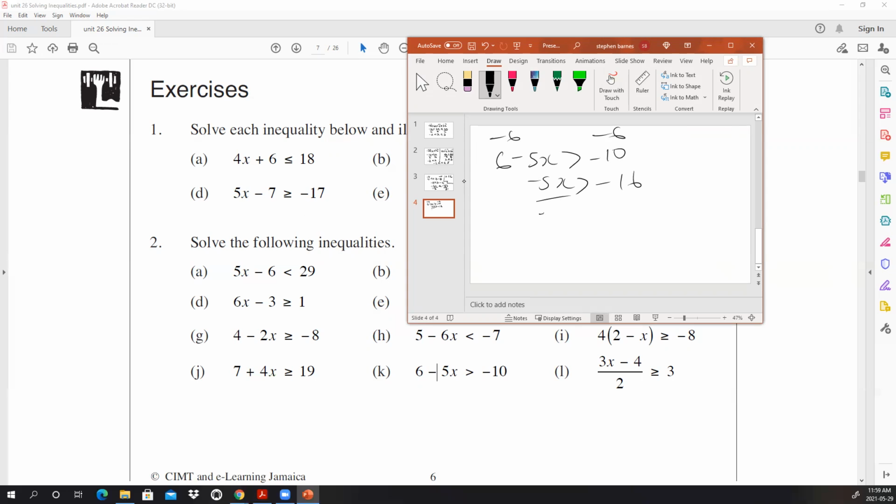I don't want to do the division here because I want to make sure that when I do the division, I change the sign in the same line. So let me change the sign first, and then I put a divide by -5. All right, so this is gone, and I'm left with x. So this is 3 and 1/5. Good stuff. So that's how you do that.